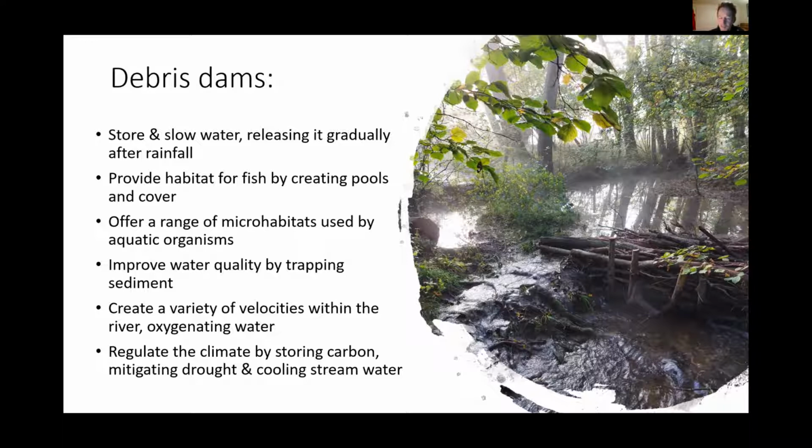And of course, beavers have been creating these types of systems for millennia. They also create a variety of velocities within stream systems, slowing it down and then increasing it, which oxygenates the water. So lots of benefits. And they regulate the climate by storing carbon and mitigating drought and cooling stream water.